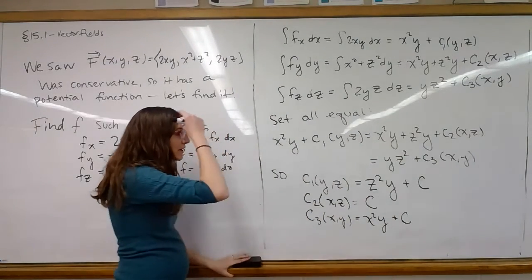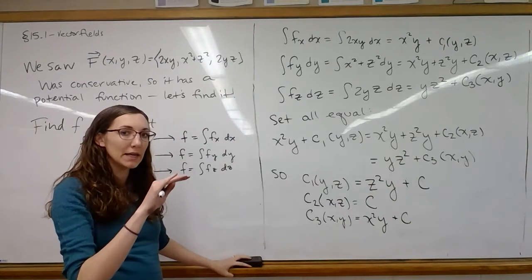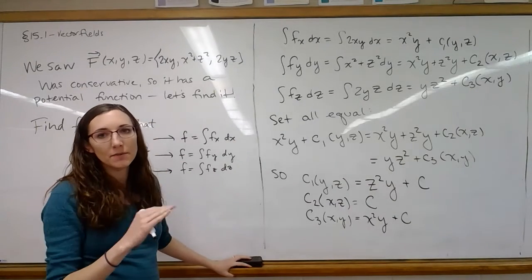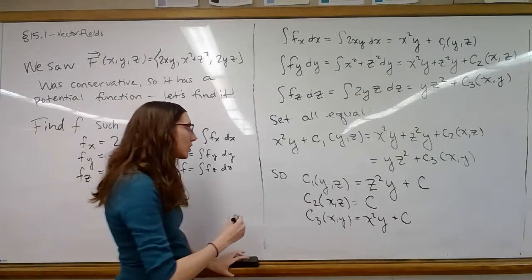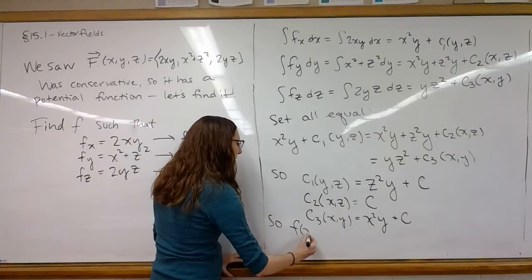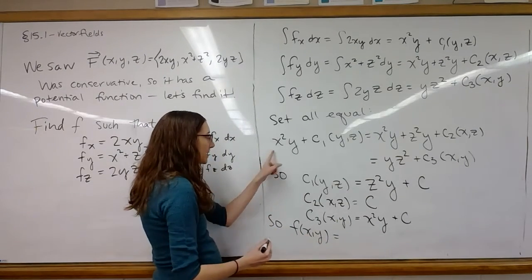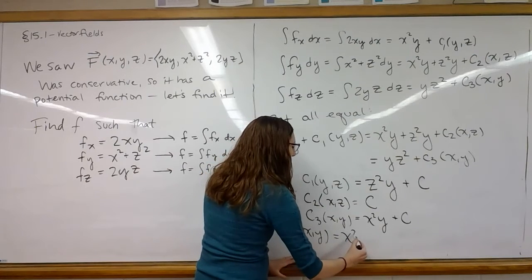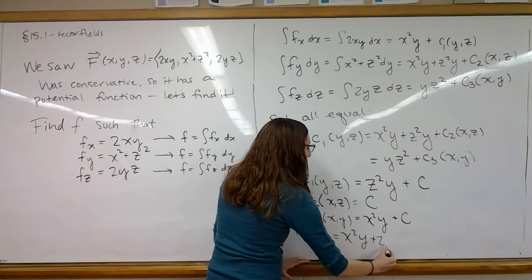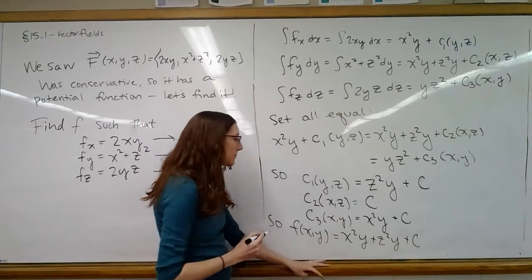So the goal is, if we found these right, if we plug all of them back in, we should have the exact same functions reading off then. So from all of these, we would then be able to see f of xyz. Well, in the first one, when I plug this in, we'll see x squared y plus z squared y plus constant c.